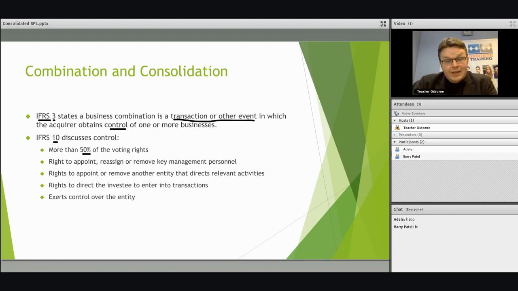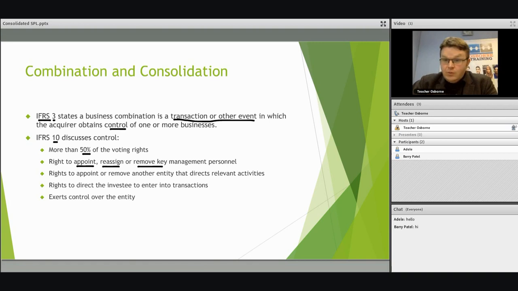Yes, but that's not necessarily the case. Some companies can have control of the business but not have 50% of the voting rights. The other ways you can gain control that IFRS 10 talks about is if you have the right to appoint, reassign, or remove key management personnel.